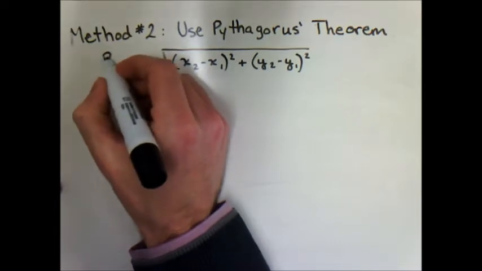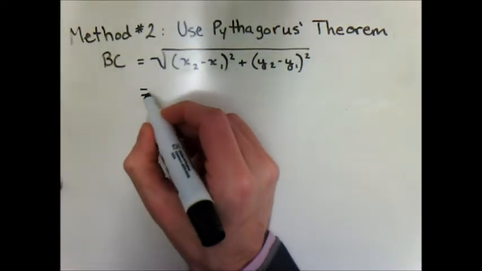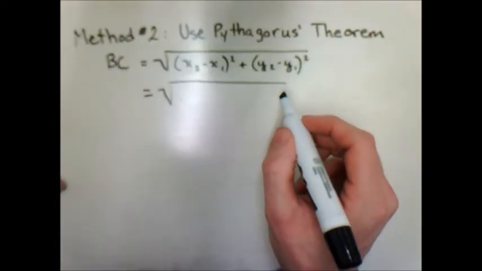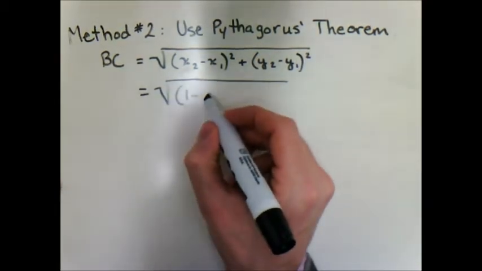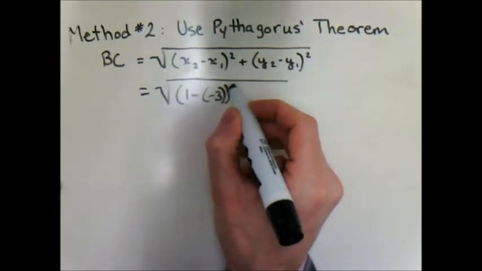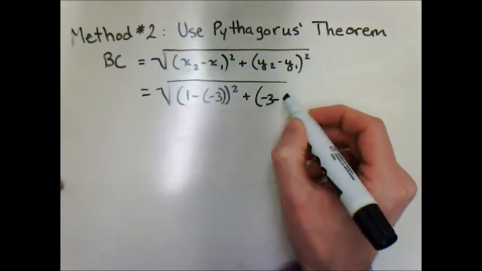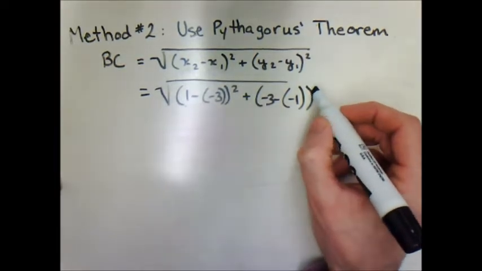Okay. The length of the line segment BC is equal to 1 minus -3 squared plus -3 minus -1 squared.